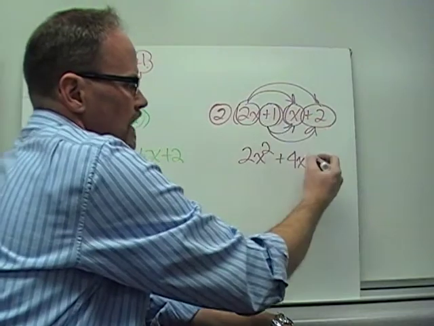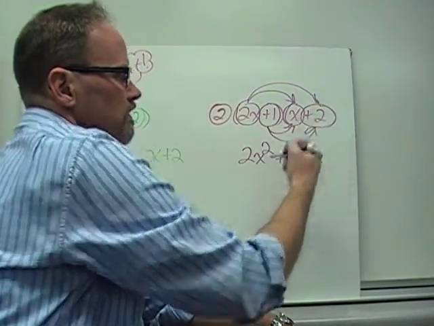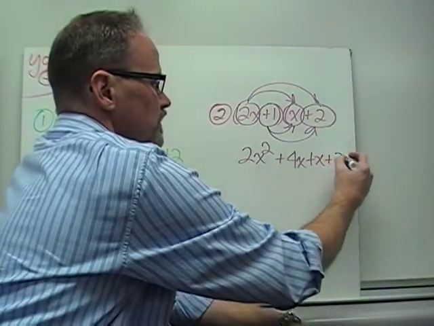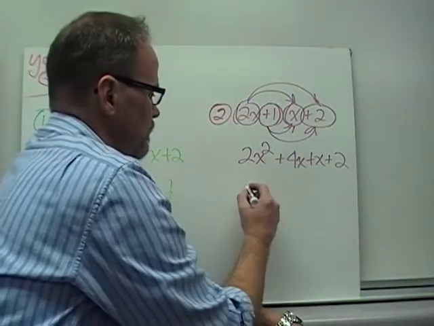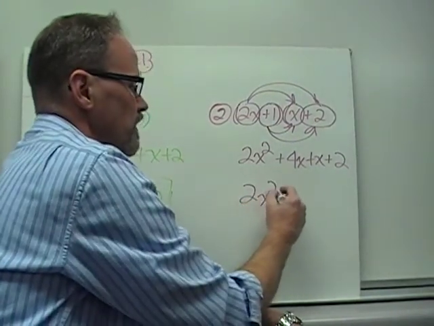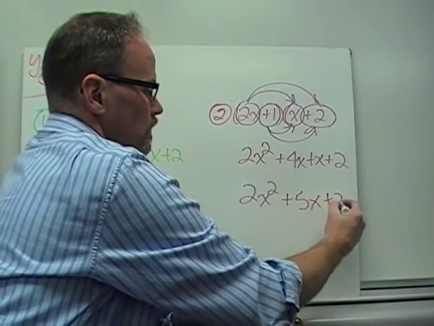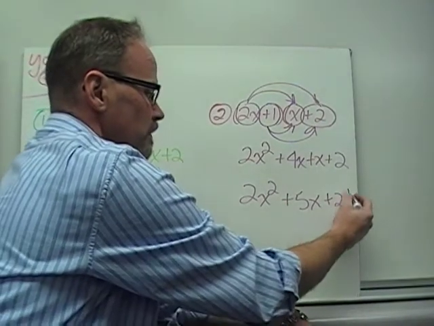Positive 1 times an x, just a single x. And then positive 1 times positive 2, that's still positive 2. A little CLT action right there leaves us with 2x squared plus 5x plus 2. And we're done.